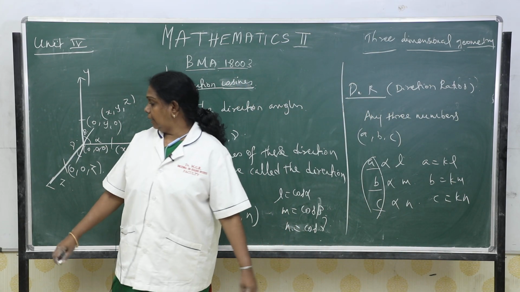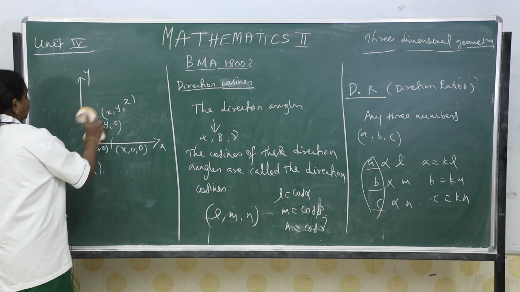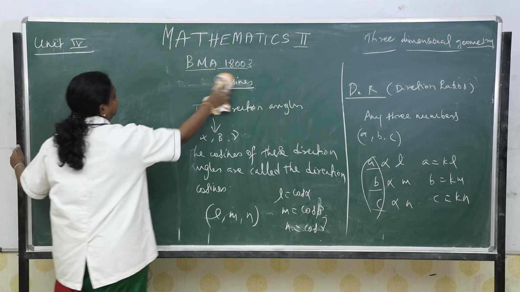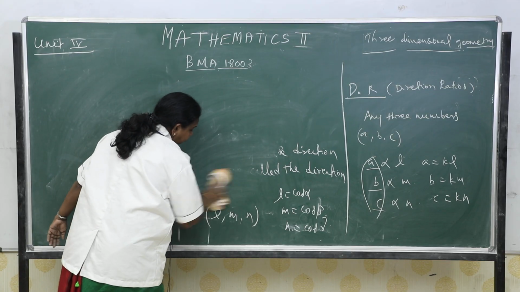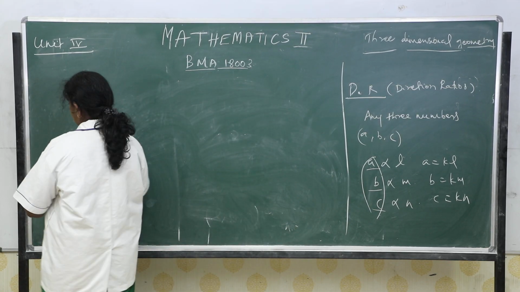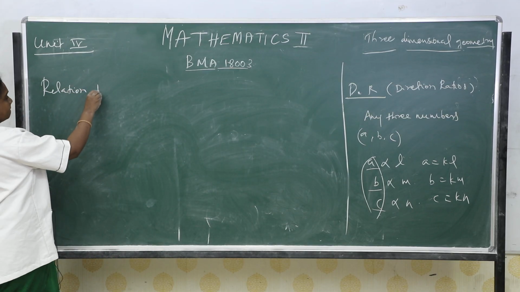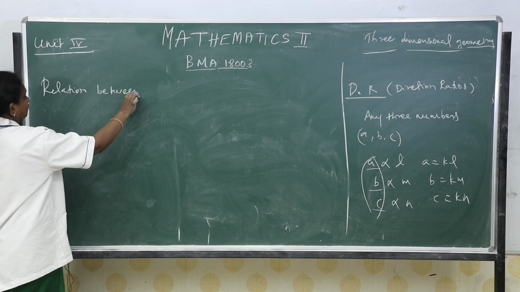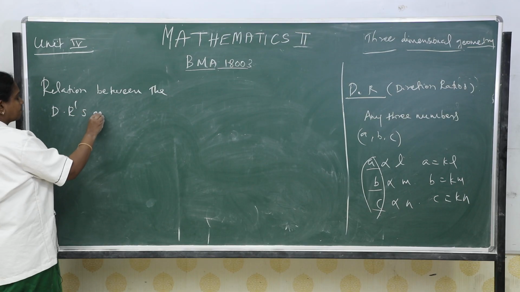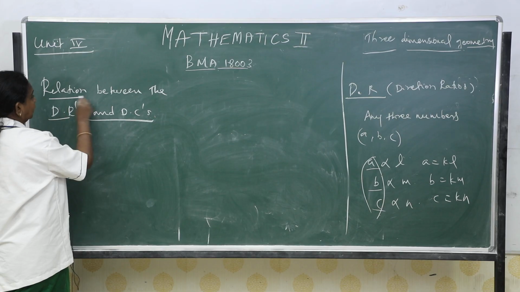Now, what is the relation between the direction ratio and direction cosine? Relation between DCs and DRs.